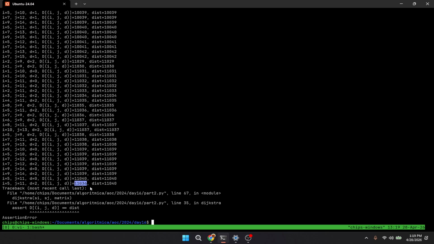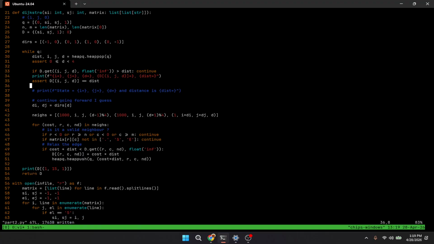Okay, so it's smaller. But then how come this one isn't smaller? Because the first time you pop from there, what's going on here? The first time you pop from the actual thing, you get your minimal distance.